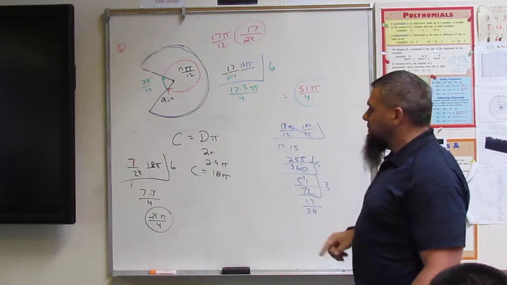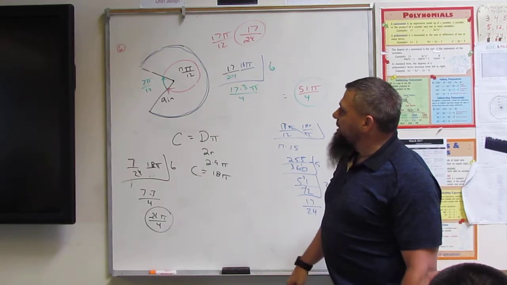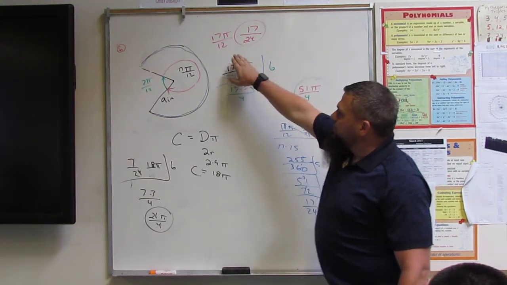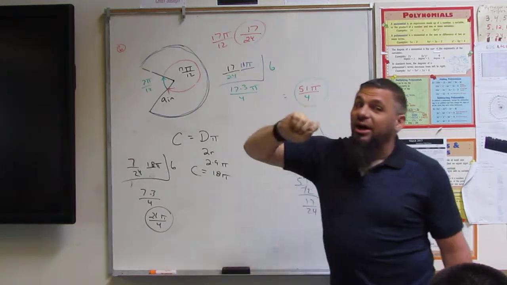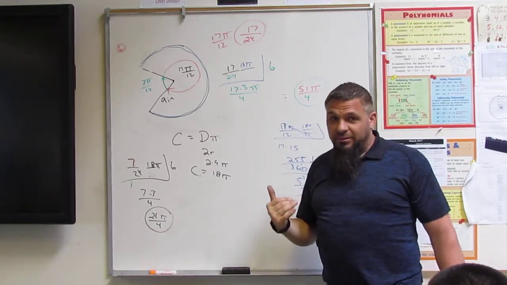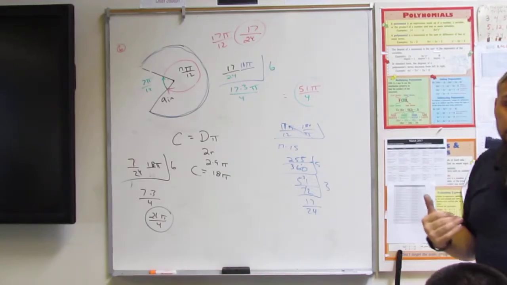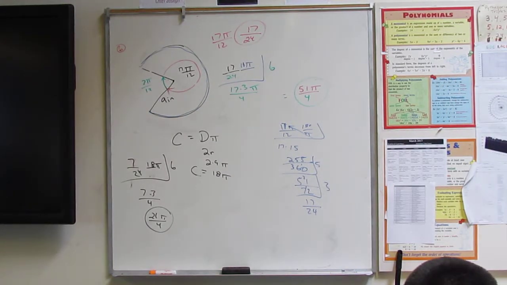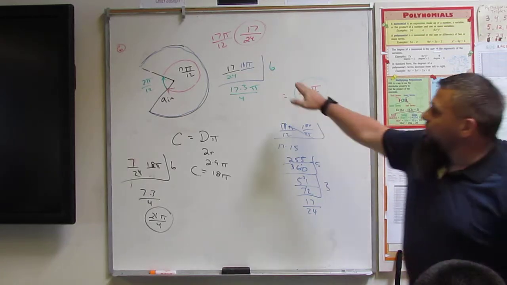And then this one's 17 pi over 12, but that's out of 2 pi, which is 24 pi over 12. So 24 pi over 12 would give you 2 pi, so that's out of 24. You have to think of it like that. It's really 17 out of 24 pieces.